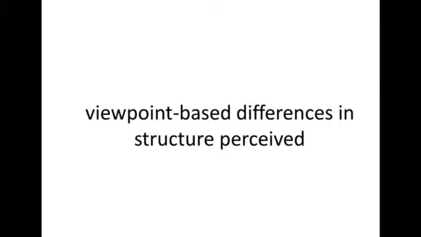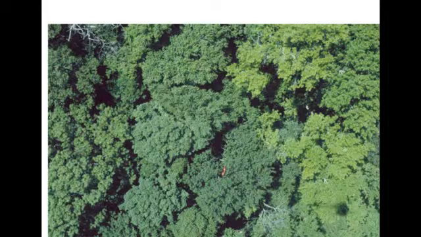So now I really want to talk about how the sensor itself and the way it looks at the canopy affects the kinds of metrics that you can acquire. This is a view from a helicopter of the forest where I am, and you can see the helicopter shadow in the lower right.